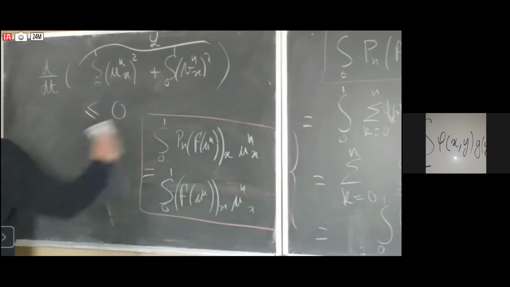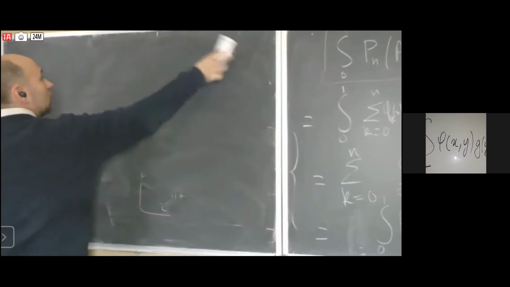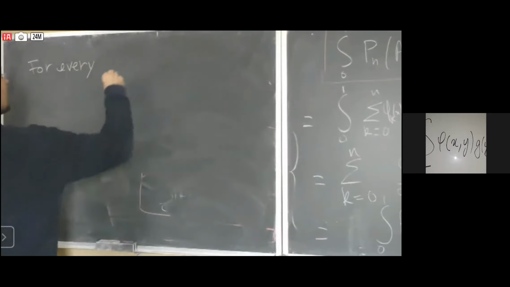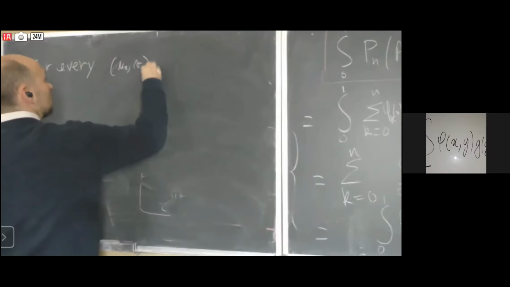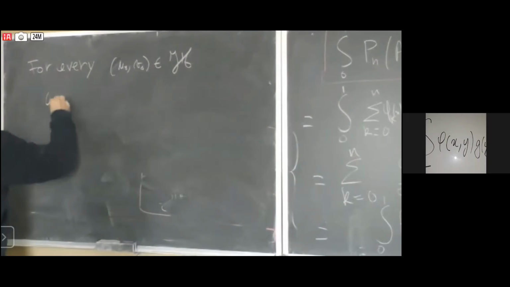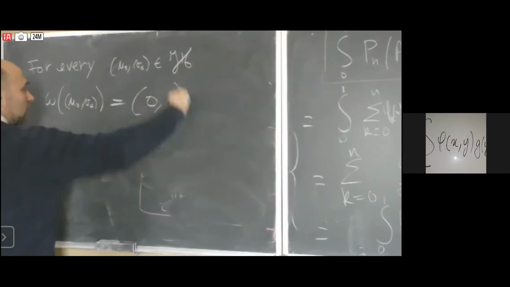So just to finish, you can prove that for every U0, D0, you have that the omega limit set of U0, D0 is 0, 0.